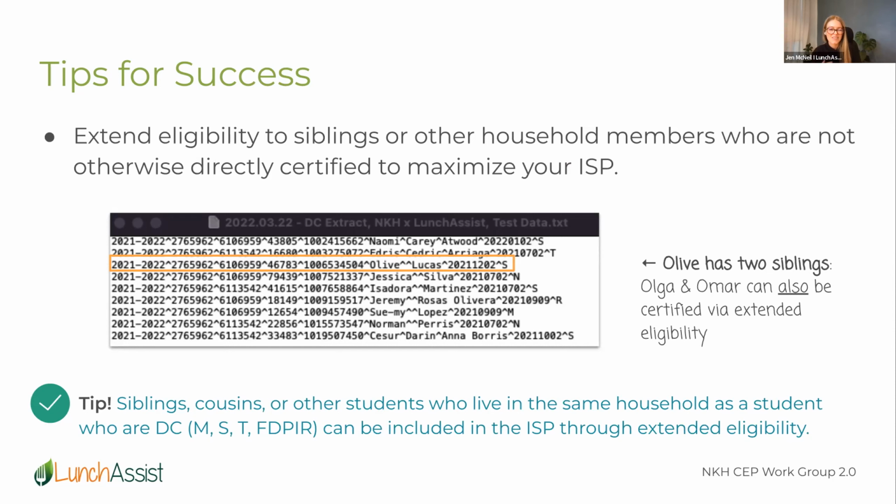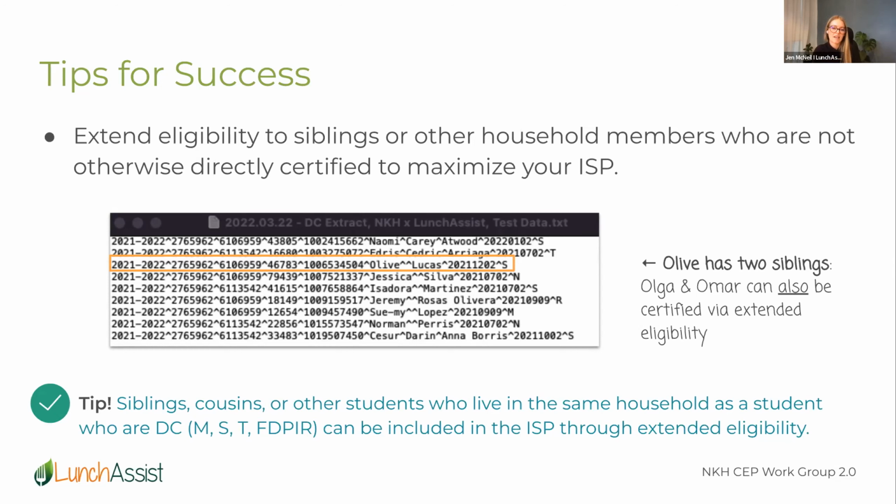And oftentimes this gets overlooked, but doing a really thorough job with those sibling or household matches can really boost your ISP. So just keep in mind that it's also important to note who that original eligibility was extended from.